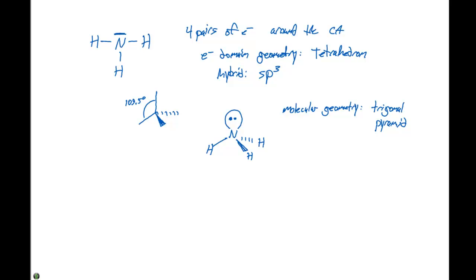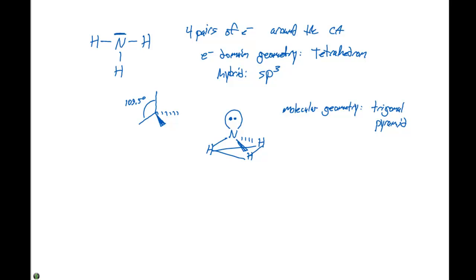And trigonal pyramid is this tripod-looking shape that has the base of a pyramid, and it has a triangular base. So these are the things that VSEPR theory is going to help us with, and we're going to go through a slew of examples of these molecular shapes, and we can determine several things.